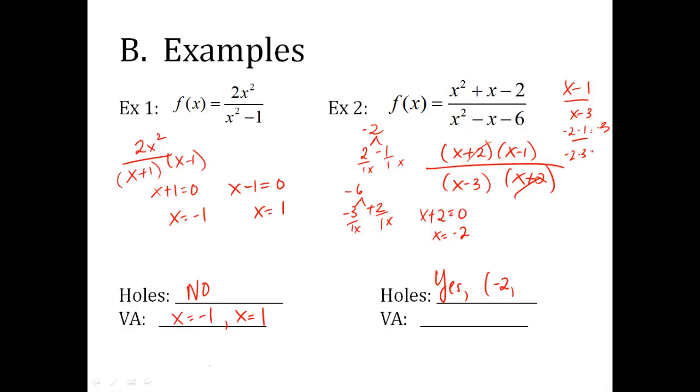Negative 2 minus 3 is negative 5. So what I really have is negative 3 over negative 5, which is positive 3/5. That's the y value of the hole. Vertical asymptote, remember, you set whatever factor is left over equal to 0. X minus 3 equals 0, so x is 3. The other factors have canceled and gone away. You just deal with what's left.